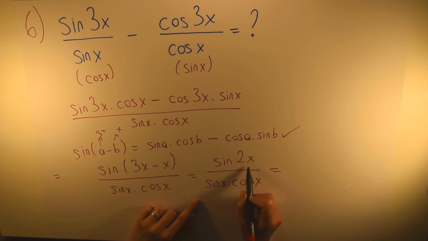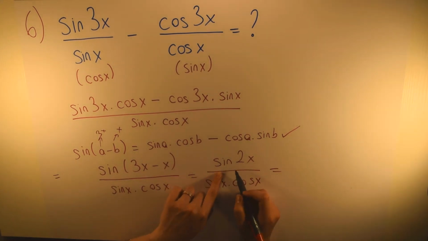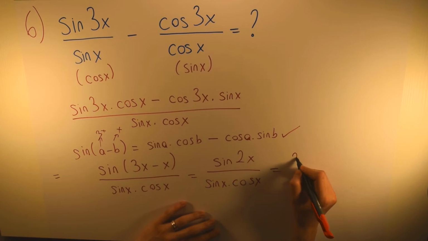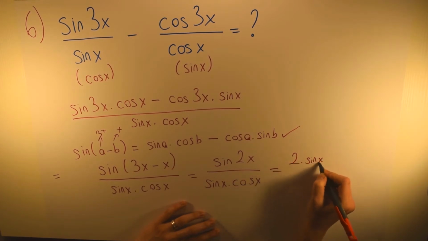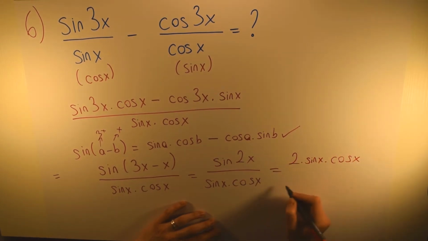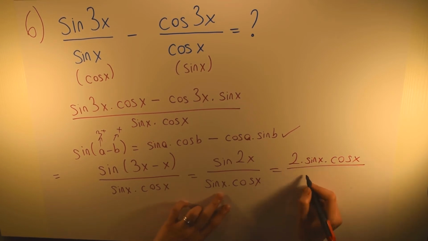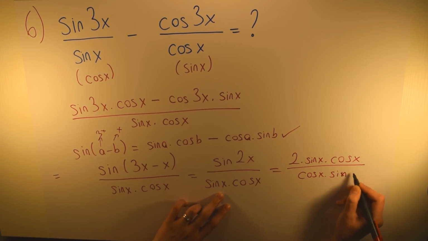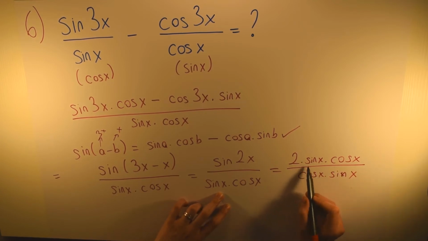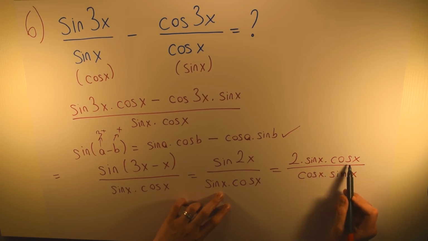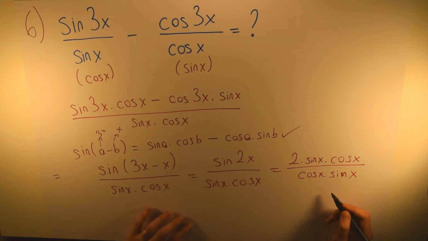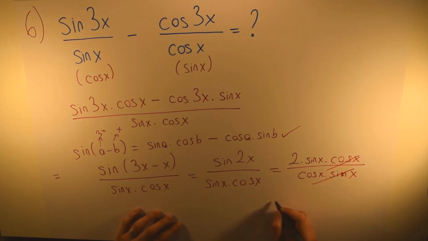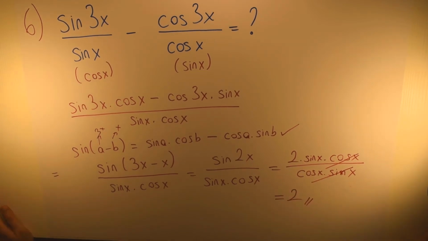So here, instead of sine 2x, from double angle formulas, we can write 2 times sine x times cosine x, over cosine x times sine x, they're the same. So as you can see, here we have sine x times cosine x, and also on the denominator we have cosine x times sine x. So we can cancel out these two and we will only get 2 as our answer.